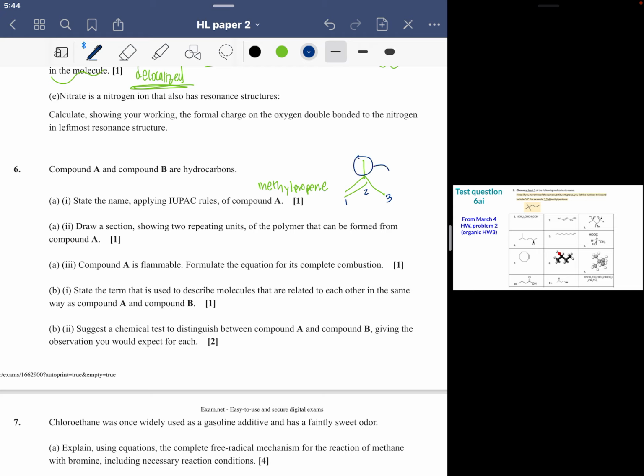If I moved this methyl group to carbon 3, it would be part of the chain and I would have butene. If I moved it to carbon 1, same thing, it would start forming part of the main chain. So the only situation in which I can have methyl is here. That means I don't have to give it a number. Saying 2 is actually redundant.